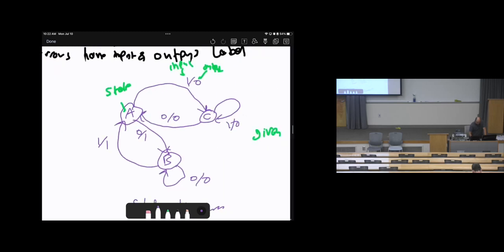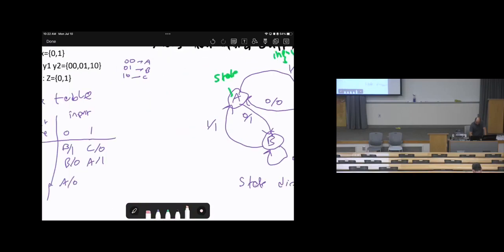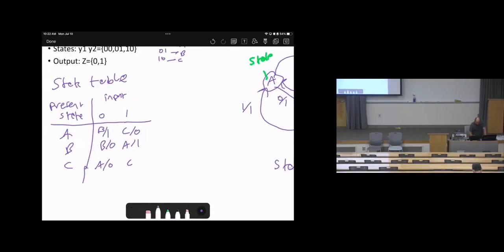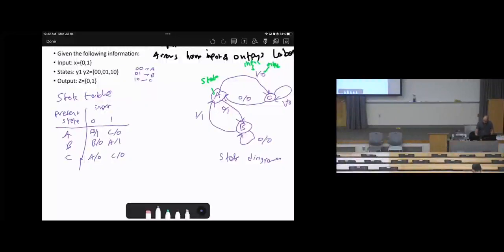Then the other possibility in C, if the input is 1, it will remain at C and the output is 0, right? Then we will write it as C and the output is 0. So now, I think everyone should be aware how to convert a state diagram to a state table and vice versa.